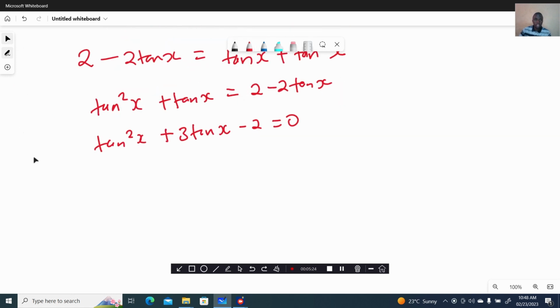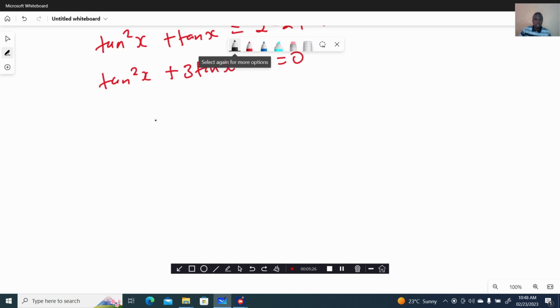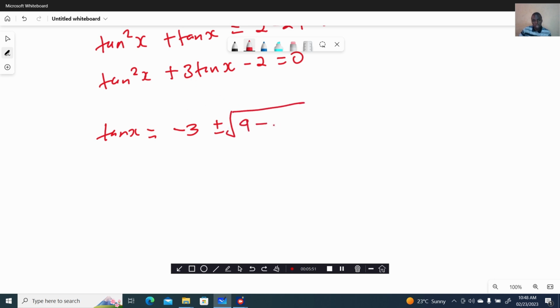Here we can use the quadratic formula to get the value of tan x. So tan x will be the same as negative b, which is negative 3, then plus or minus the square root of b squared, which is 3 squared giving us 9, minus 4 times a, which is 1, times c, which is negative 2.